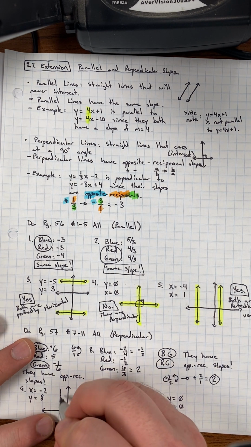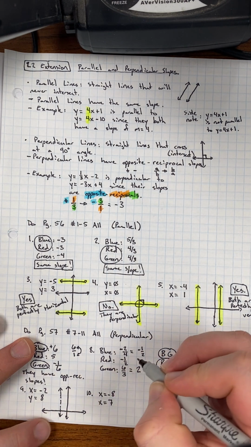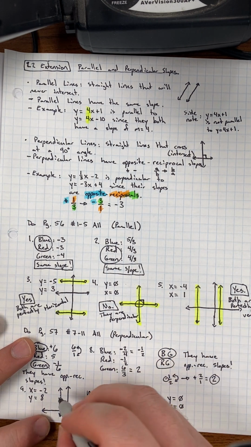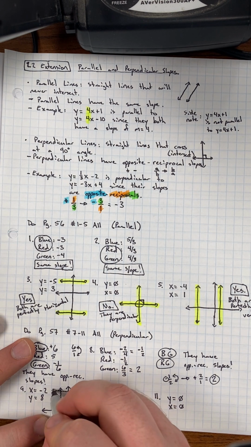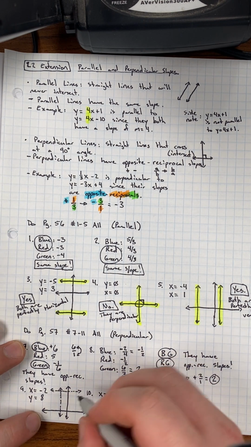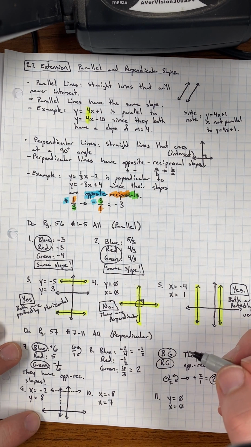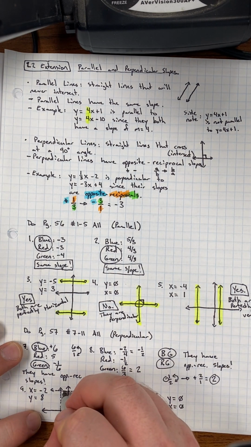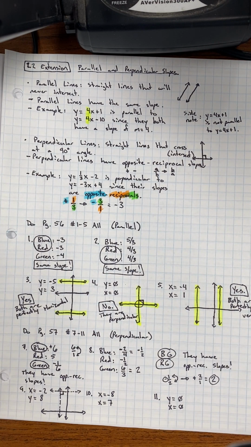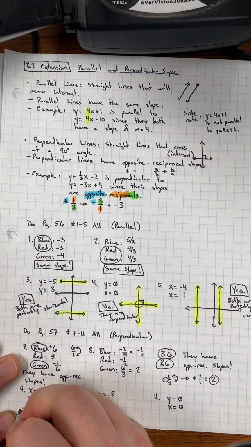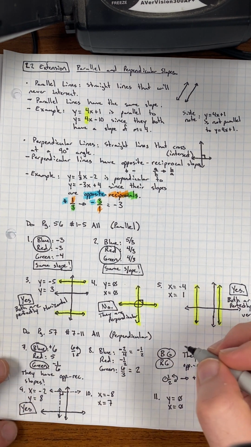So I'm going to draw it kind of like a dotted line. And we know that that's a vertical line. But if I'm looking at y equals 8, we know that's going to be a horizontal line. If these two lines are both perfectly horizontal and perfectly vertical, we know that they are crossing at a 90-degree angle. And so the answer here is yes, these are perpendicular.